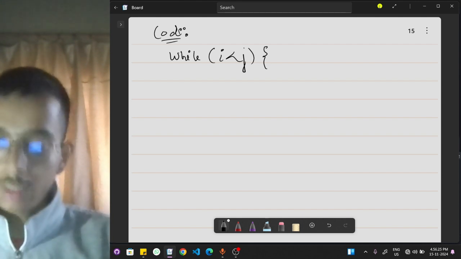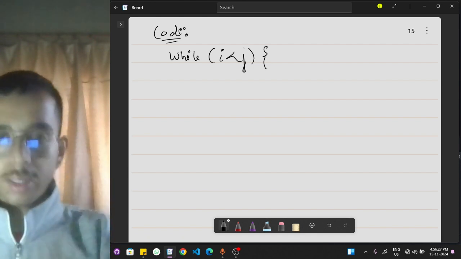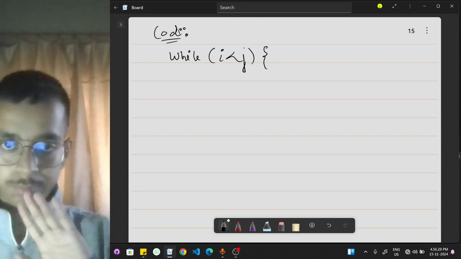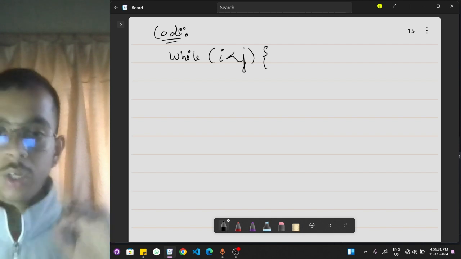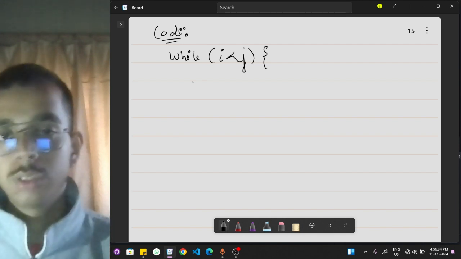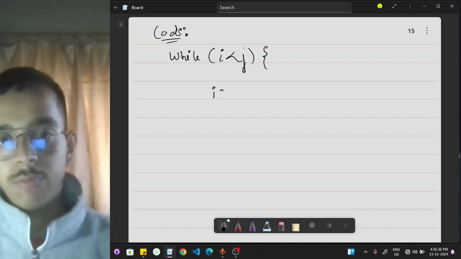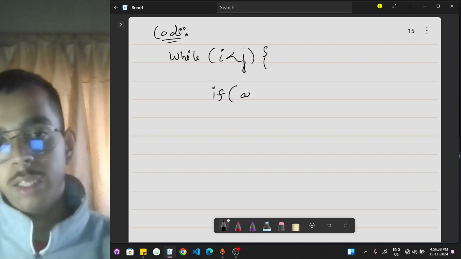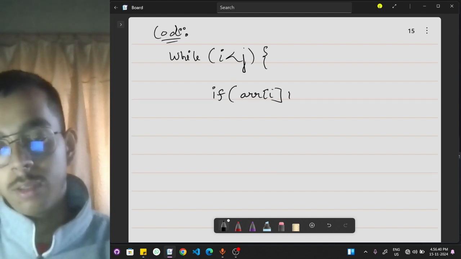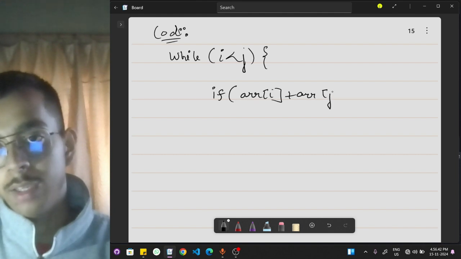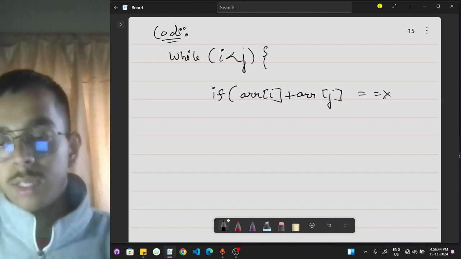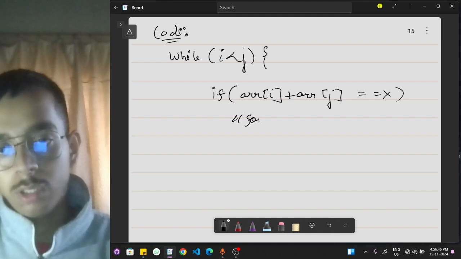I actually want I and J to point to two different numbers. This is I and this is J. Then we will see if ARR I plus ARR J is equal to x, then found.